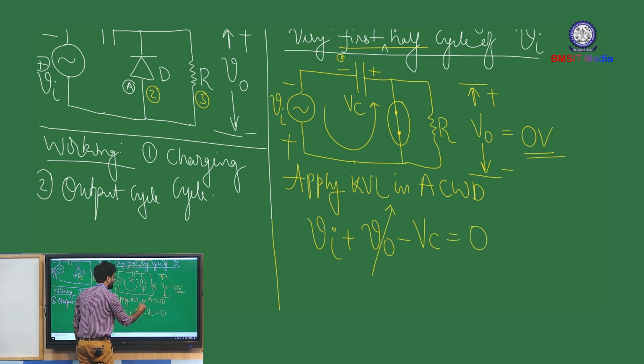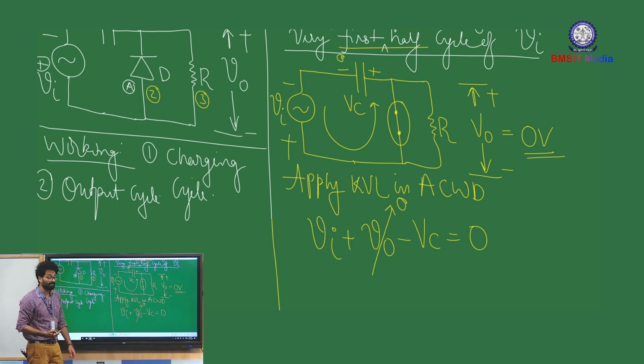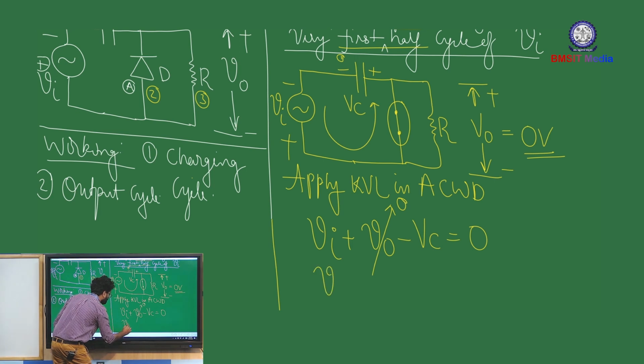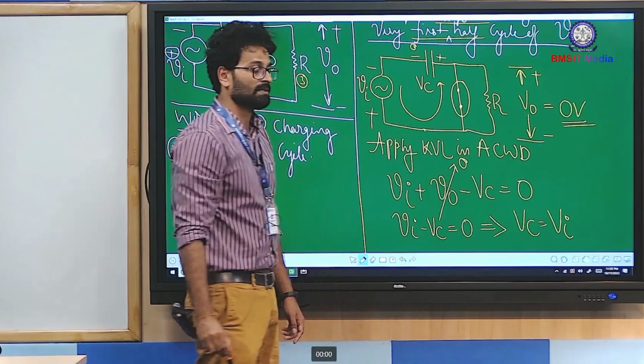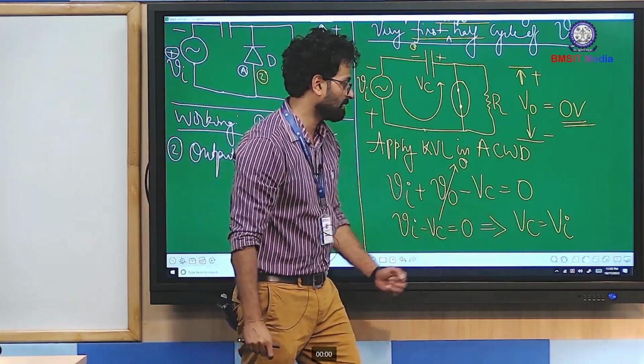But we have already seen that the output is 0 volts because the resistor is short circuited. So Vi minus Vc is equal to 0. That implies Vc is equal to Vi. As you can see, the capacitor voltage Vc is nothing but Vi.